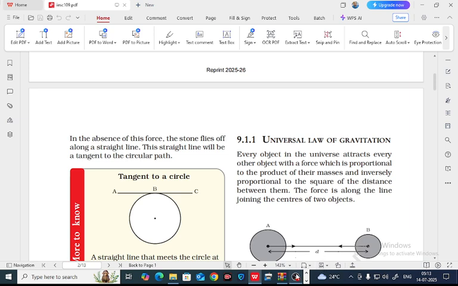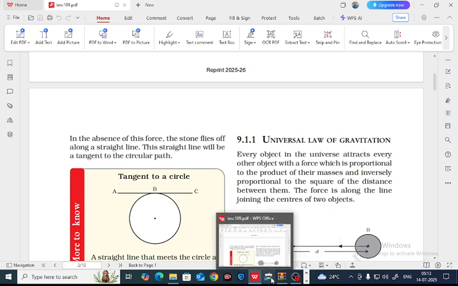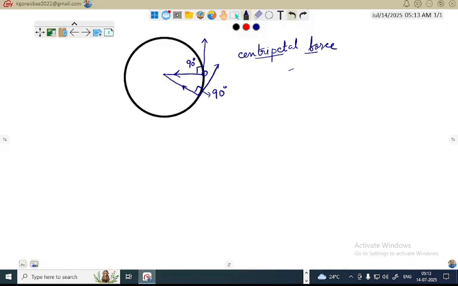What happens in this case if we release? Here you see, if we cut this thread, it will always go along the tangent. What is the meaning of tangent?